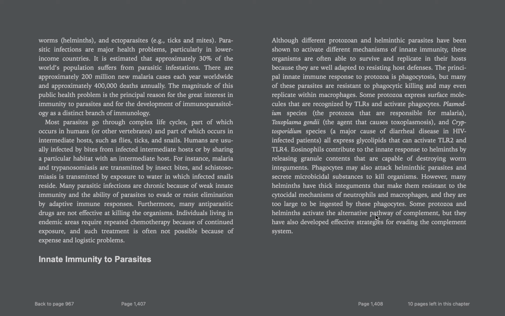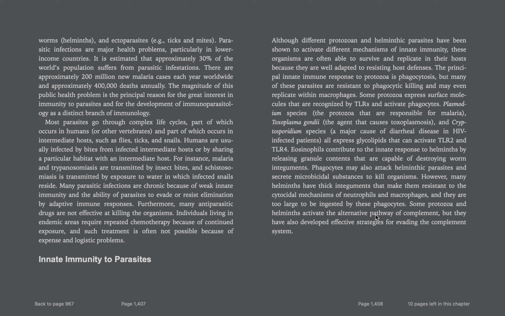Most parasites go through a complex life cycle, part of which occurs in humans or other vertebrates, and part of which occurs in intermediate hosts such as flies, ticks, and snails. Humans usually are infected by bites from the infected intermediate host or by sharing a particular habitat with the intermediate host.